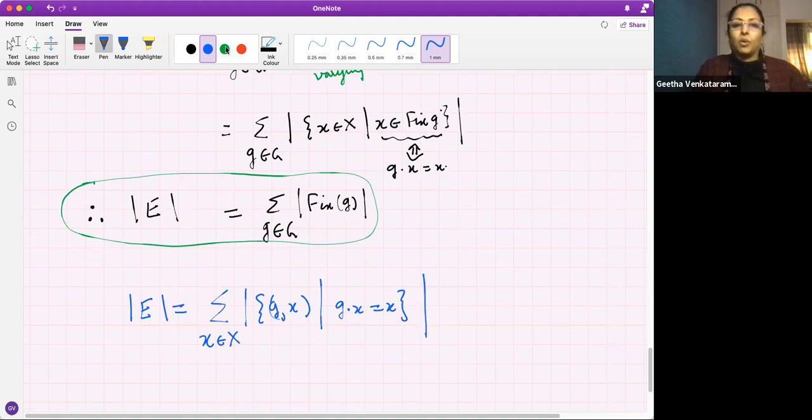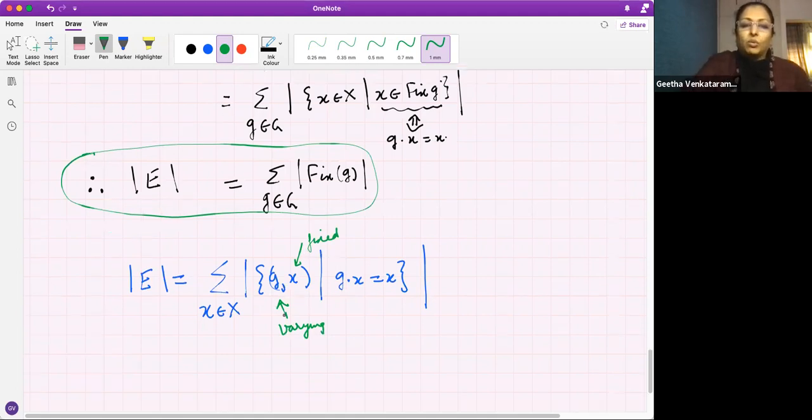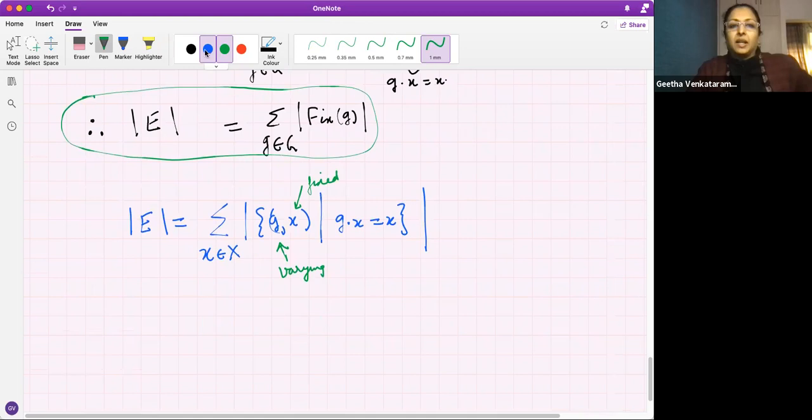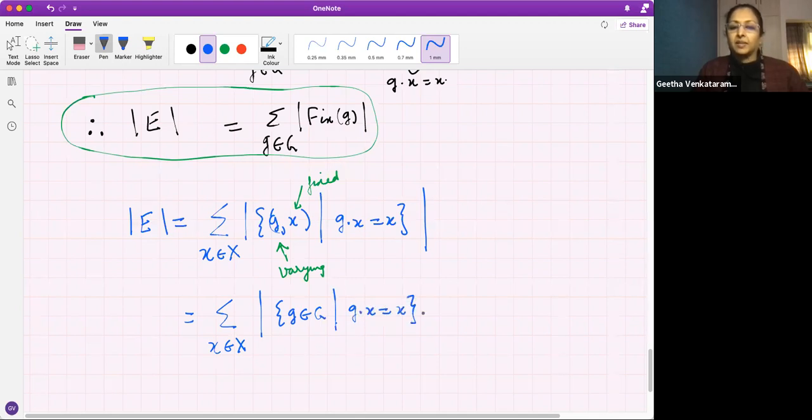And here, what do we know? We know that x is fixed. Once we go inside the summation, x is fixed and g is varying. So the set whose order I'm looking at inside is the collection of all g in G such that g dot x equals x, right?